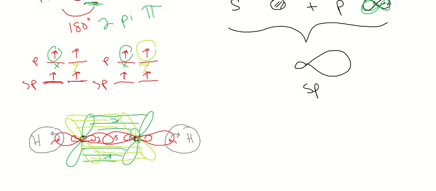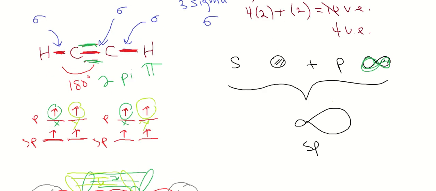Right, that guy you'll find in there somewhere, and that guy maybe you'll find in there somewhere. So those are in green right here. That's your pi bond there, and that's your pi bond there from the side to side. They can't overlap head to head because the sigma bond is there.